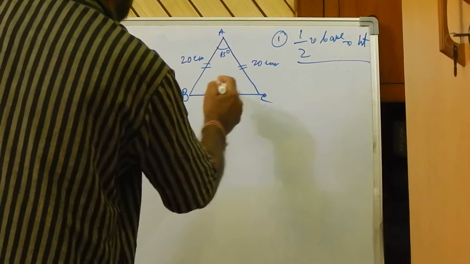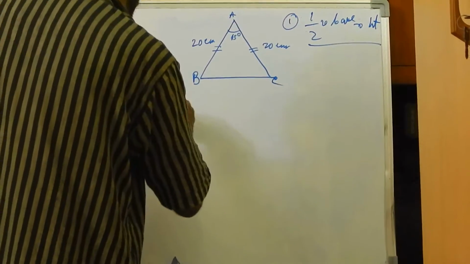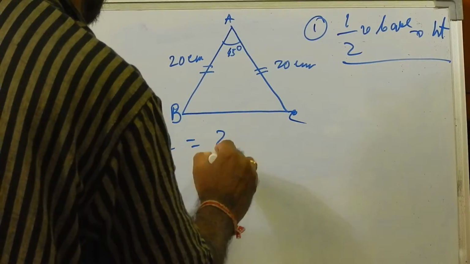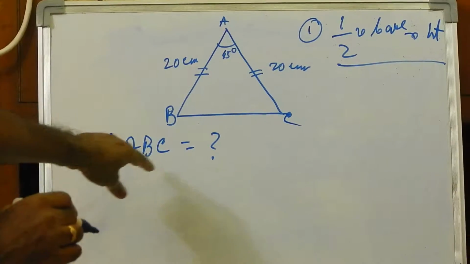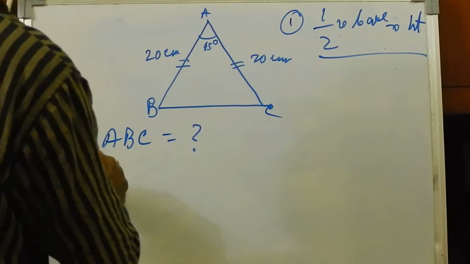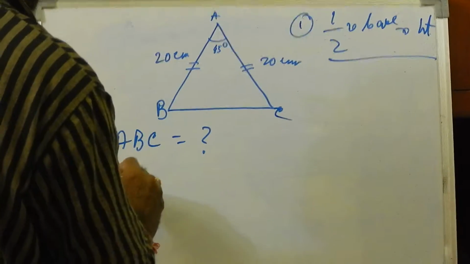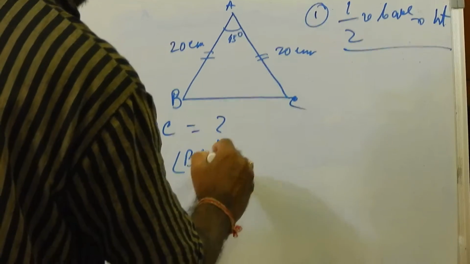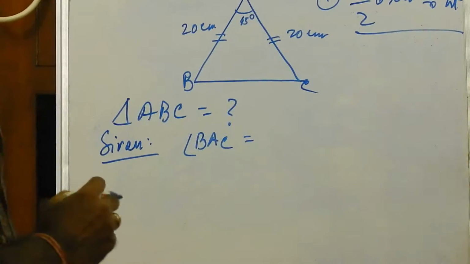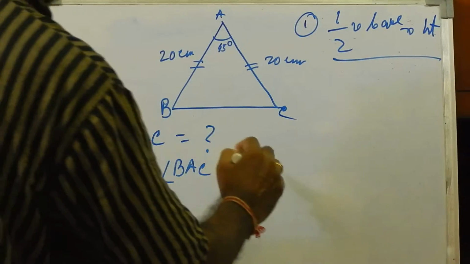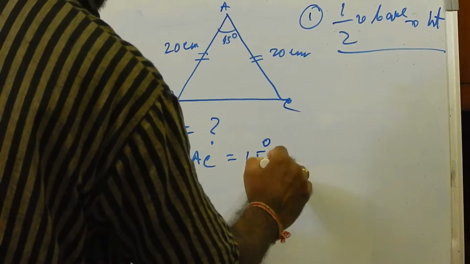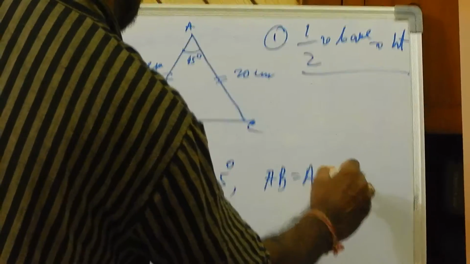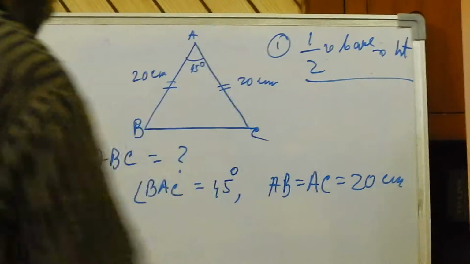So here what we need is to deduct the area of ABC. And given clues, angle BAC, that is the angle which holds the two equal sides, equal to 45 degree, and the equal sides AB and AC both 20 centimeter only.